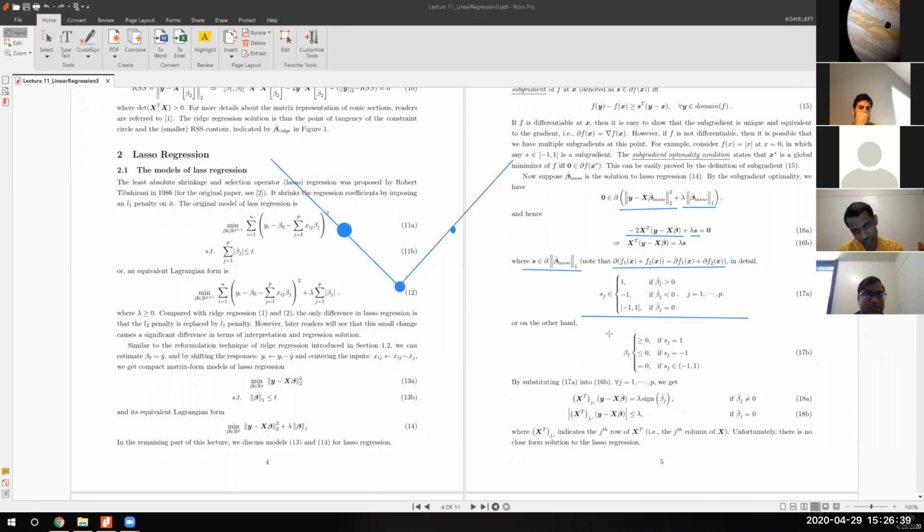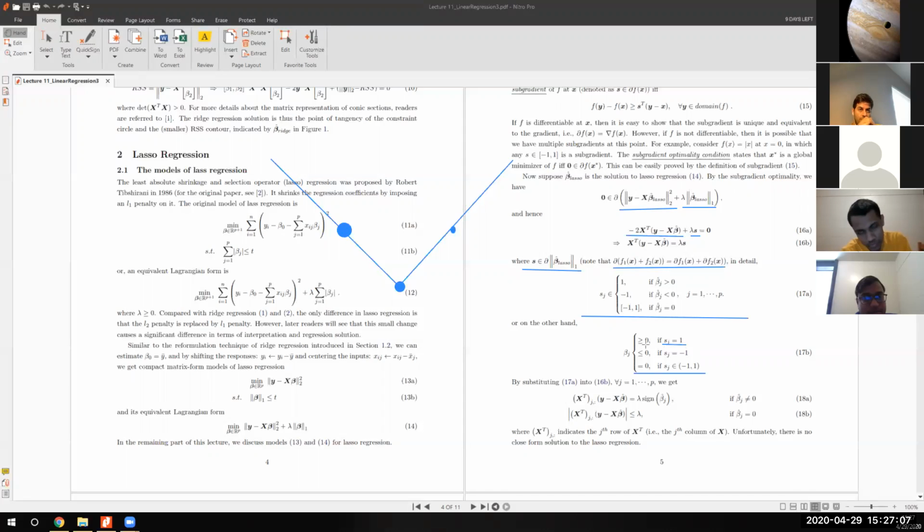Okay, and on the other hand, if I know Sj, can I know the beta j? Of course. Suppose your Sj is a number strictly between -1 and +1. You know that your beta j must be 0. Otherwise, it's impossible. But if your Sj equals 1, you're going to say that your beta j is greater than or equal to 0.